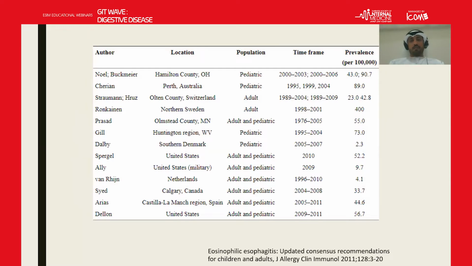This is the prevalence across multiple studies which study the prevalence of eosinophilic esophagitis. The result varies from a very high in the North Sweden study, around 400 per 100,000, to as low as 2.3 in the south of Denmark by the Delby study.